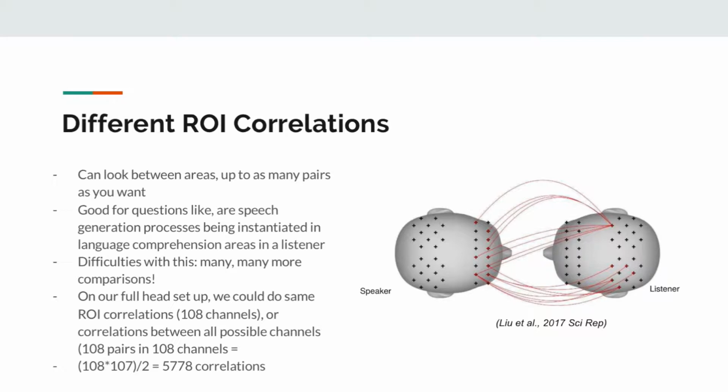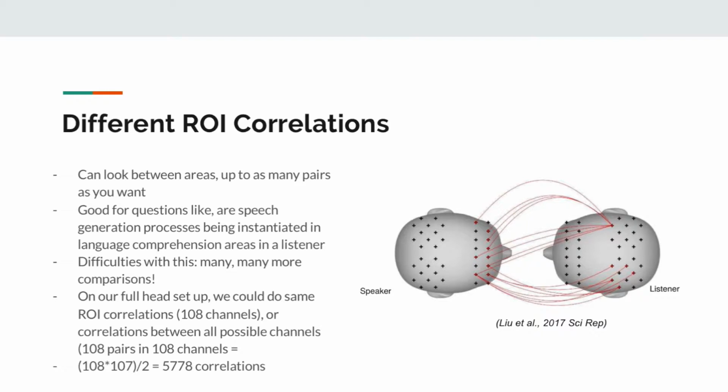There are some difficulties with this, in that there are many more comparisons to consider if you're doing any-pairwise neural synchrony instead of 1 ROI to 1 ROI. For instance, on our full head setup, if we're doing an ROI to ROI correlation, since we have 108 channels, that would be 108 comparisons to look through.